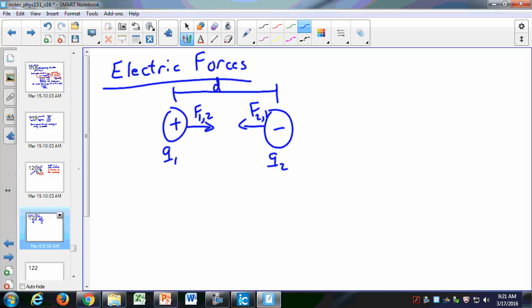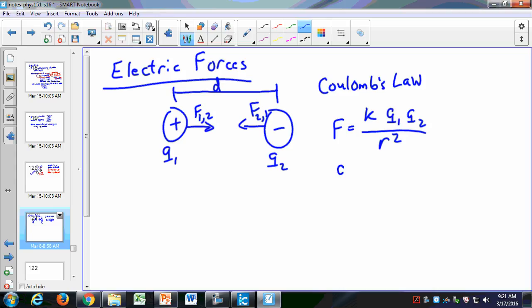Now, we describe these forces mathematically by Coulomb's law, which is determined experimentally. It shows that the force is equal to K times Q1 Q2 over d squared. Here, the Q's are my charges, in coulombs.